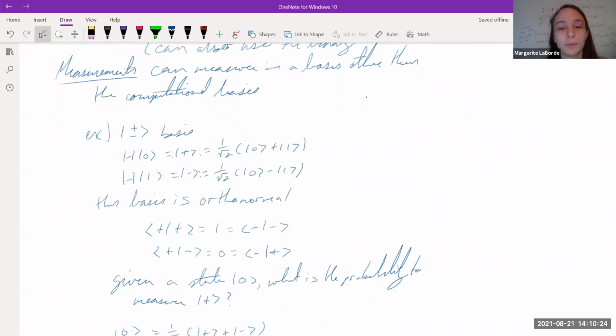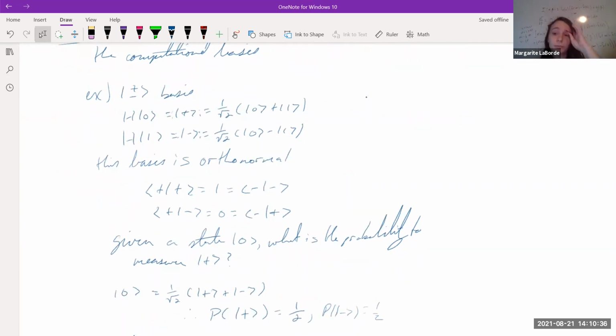Now back to measurements. I mentioned before you can measure in a basis other than your computational basis, which you might want to do for protocols like teleportation. So the other most common basis other than your computational basis is your plus minus. And those are created using the Hadamard gate. So Hadamard on 0 gives you plus, which is defined to be this superposition state where you're adding your 0 and 1 together.